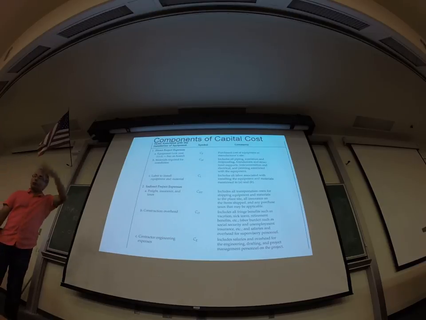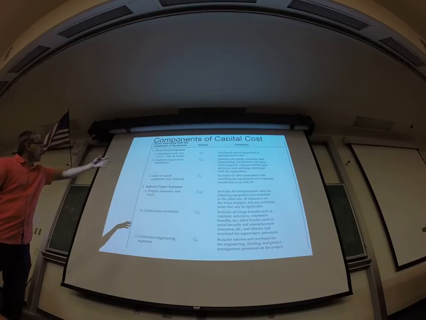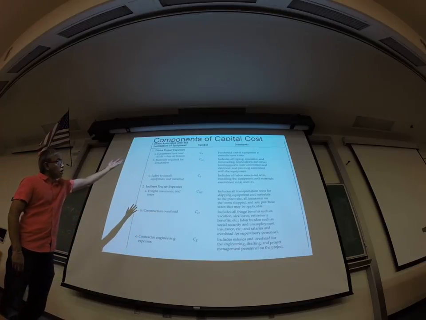In addition, when you're putting in equipment, there is a lot of additional material you have to use, like piping, insulation, fireproofing, foundations, and all that kind of stuff. Those costs are CM, and they have to be added up. Of course, you need CL, labor.